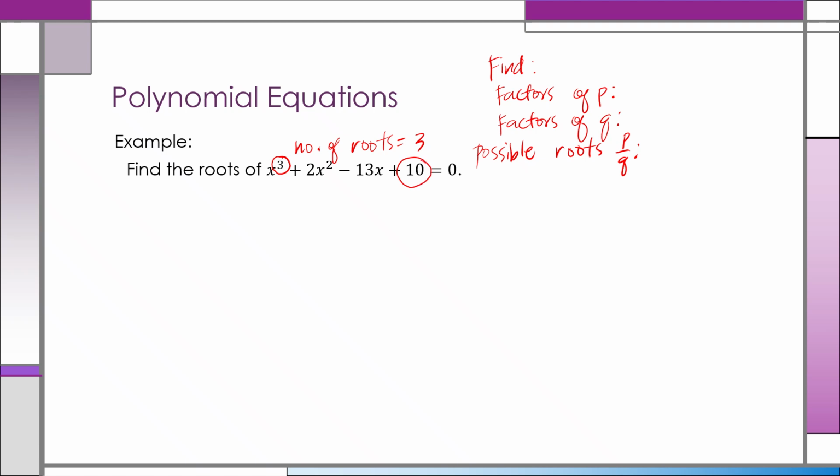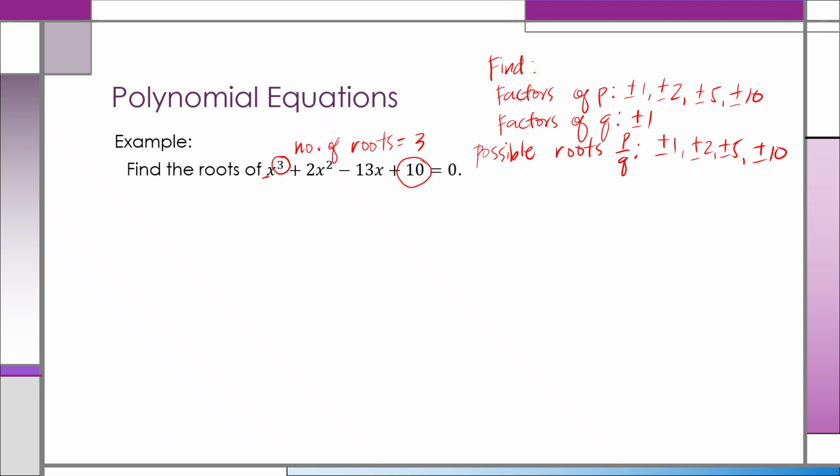So therefore, the factors of P will be positive negative 1, positive negative 2, positive negative 5, and positive negative 10. The factors of Q will be focusing only on the leading coefficient, which is 1, or invisible 1. So the factors of Q will be positive negative 1. And the possible roots of P over Q, since 1 is the factor of Q, will become positive negative 1, positive negative 2, positive negative 5, and positive negative 10.